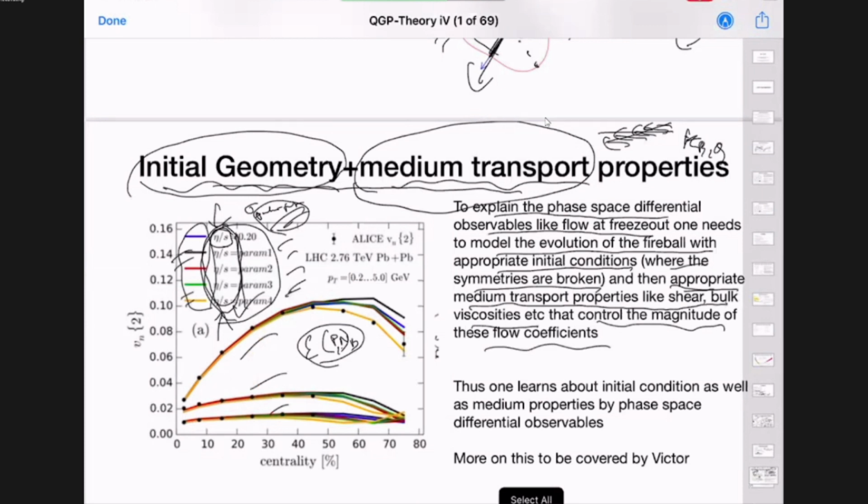So when you compare these phase space differential observables with the model, you learn about initial conditions as well as medium properties. More on this is going to be covered by Victor in his lectures on hydrodynamics.